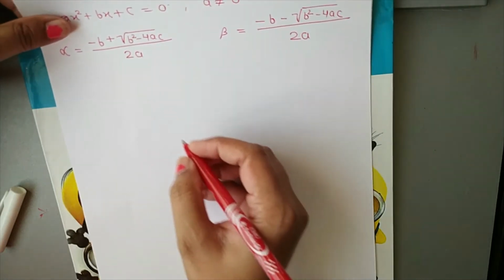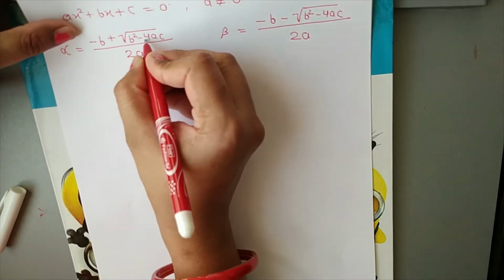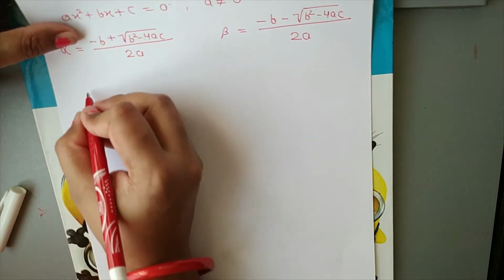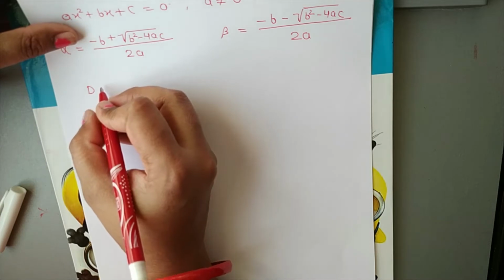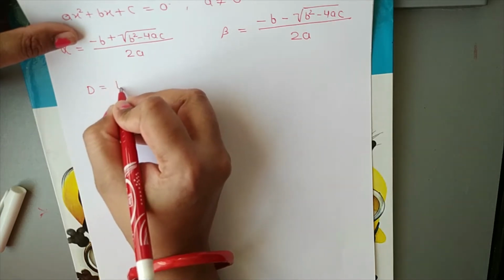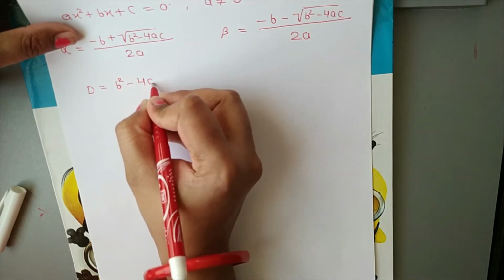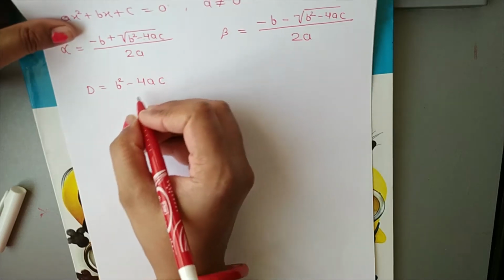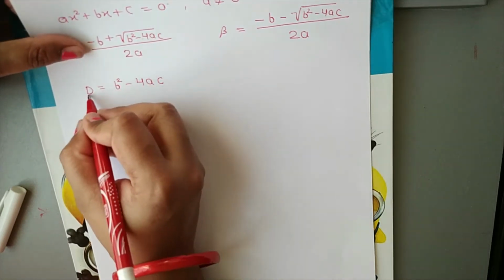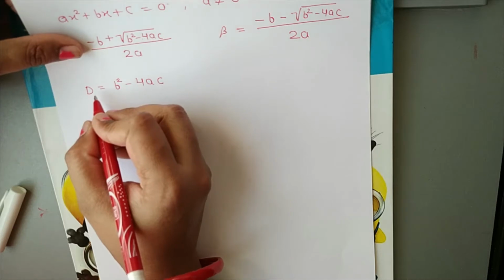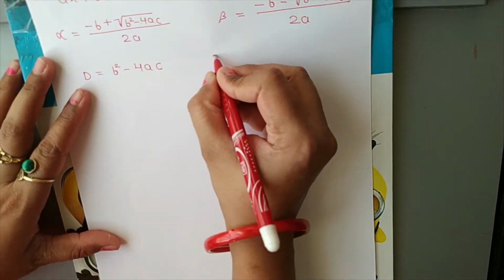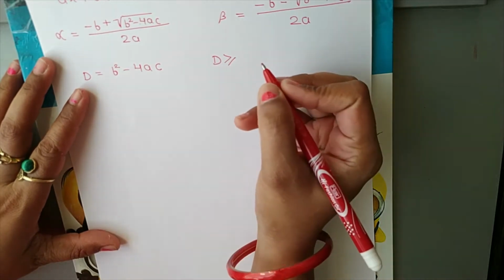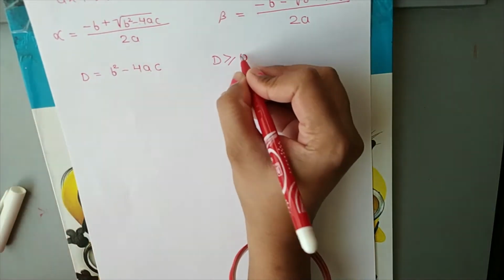Here b square minus 4ac can be written as D, which is denoted by D and is called the discriminant. It should be greater than or equal to 0.